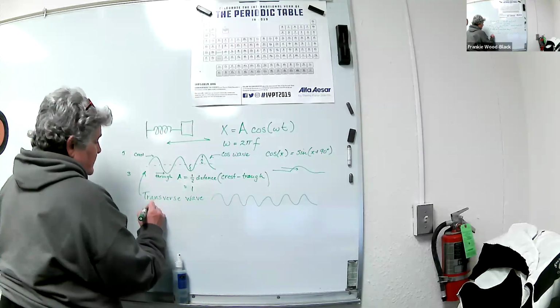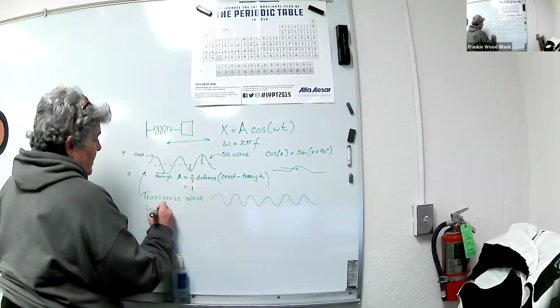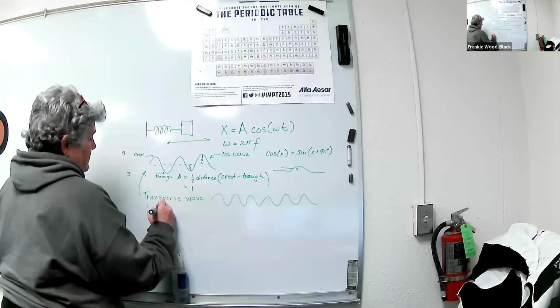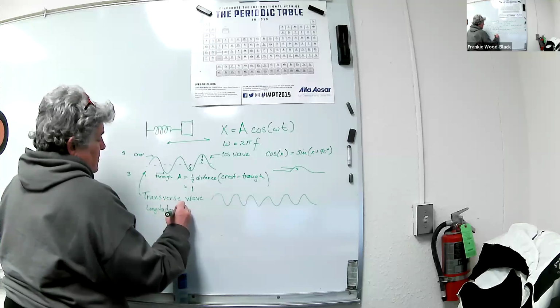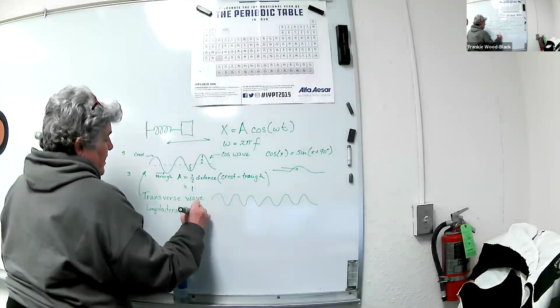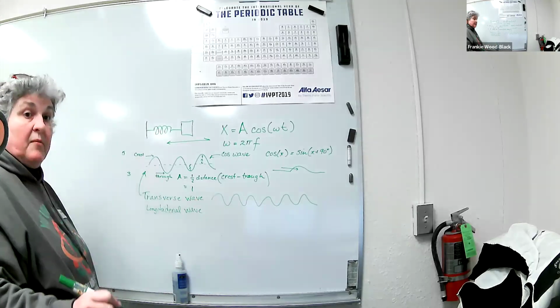Now we also have a different type of wave, and we call it a longitudinal wave. We also can use a slinky to describe it.